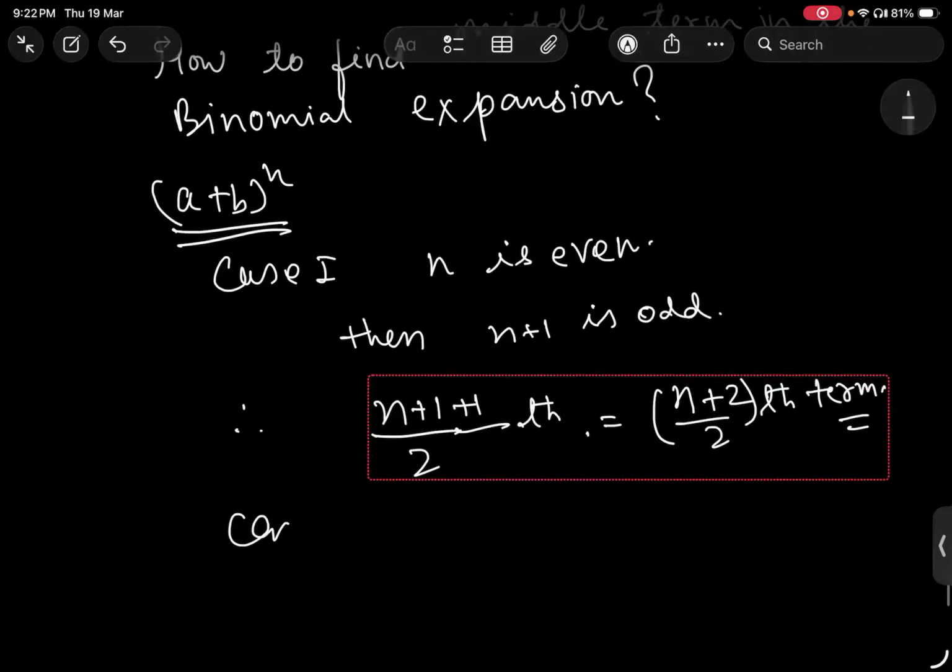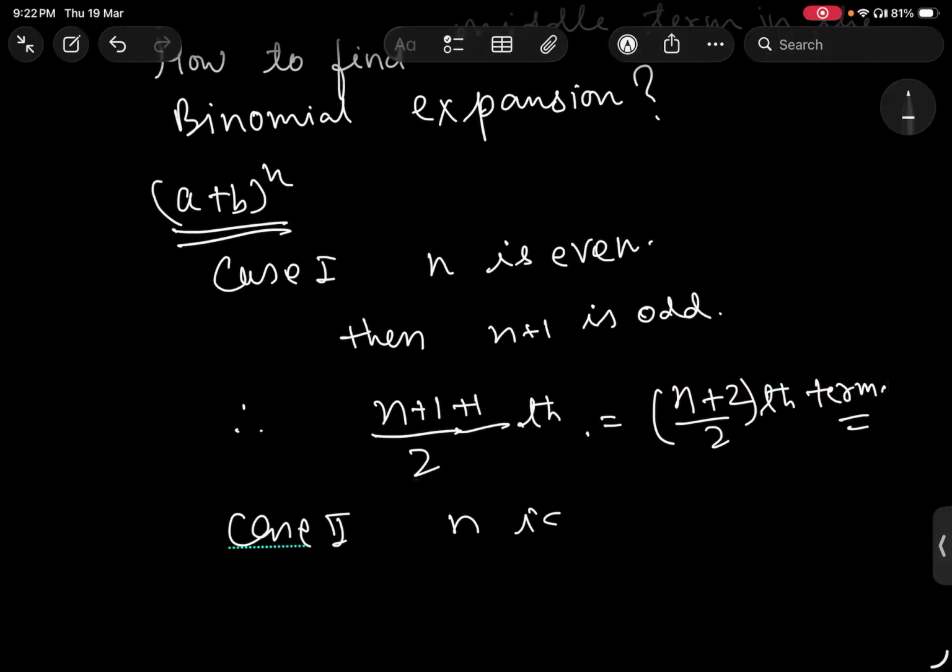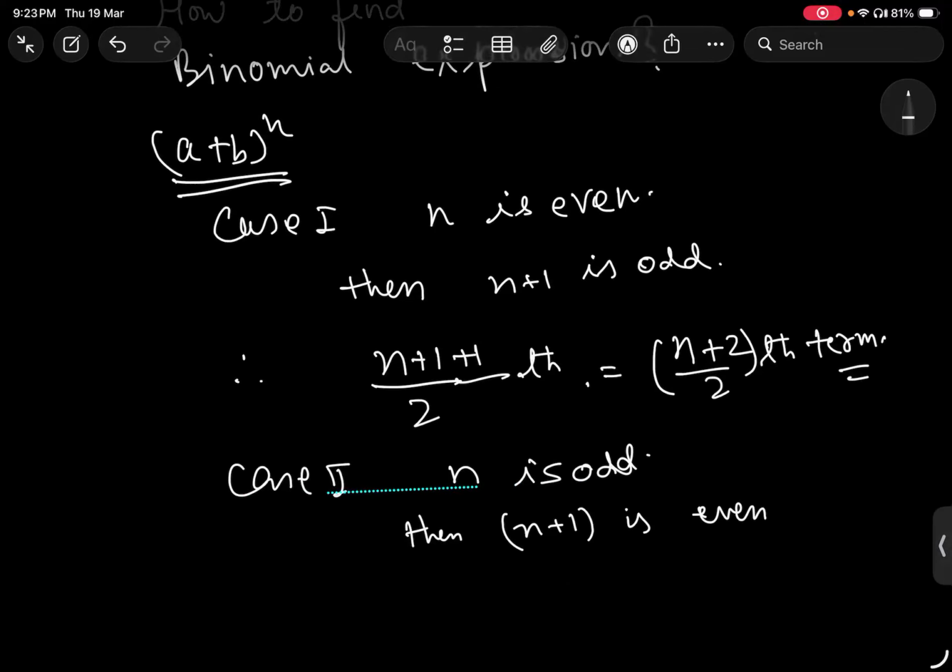And case 2: n is odd, then n + 1 is even. In case of an even number of terms, we actually have 2 terms in the middle.